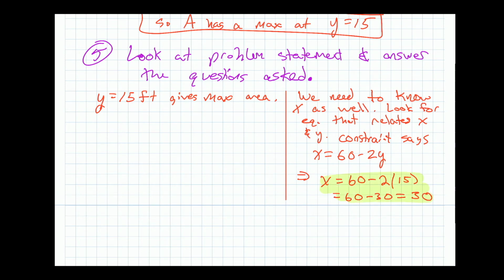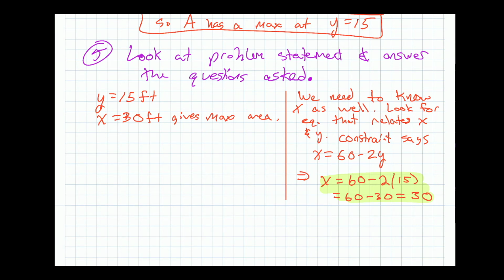So this is what we did. That's how we calculate it. So now back here, y equals 15 feet gives max area. That's x equals 30 feet. So x is 30, y is 15. That's what gives max area.